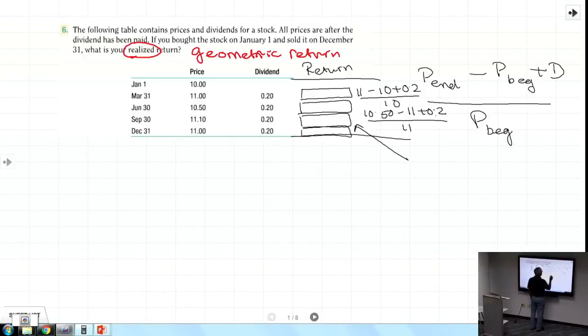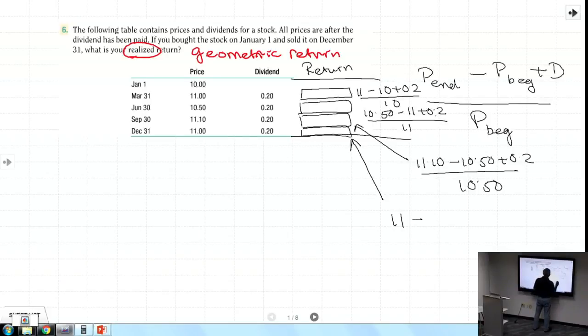For period 3, it would be 11.10, and the beginning now would be 10.50, plus 0.2 divided by 10.50. And for the last period, it would be 11, end price, beginning price is 11.10, plus 0.2 divided by 11.10.